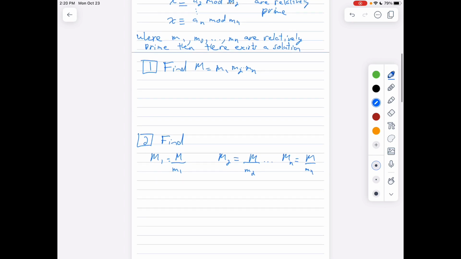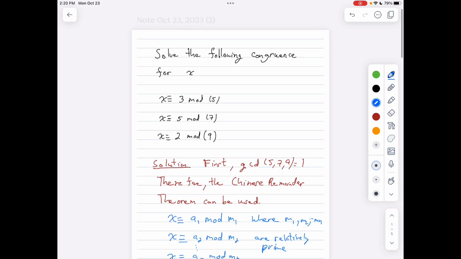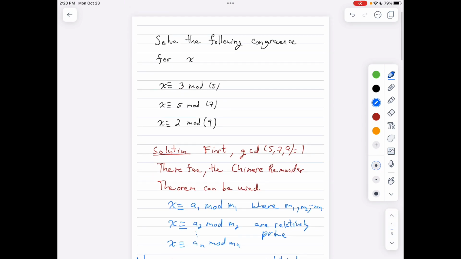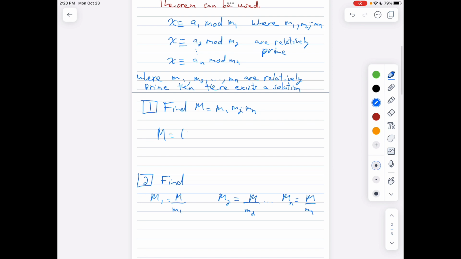The first step is going to involve finding this number m, which is equal to multiplying the m's, the numbers that we're modding here, so 5, 7, and 9. So we're going to take 5 times 7 times 9.